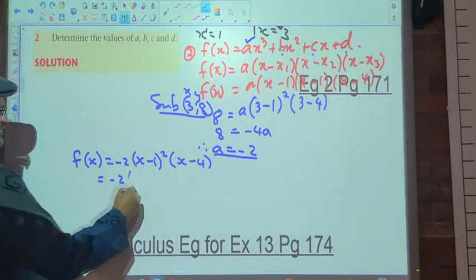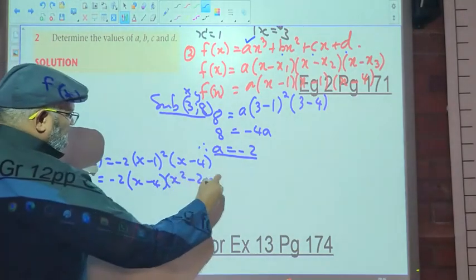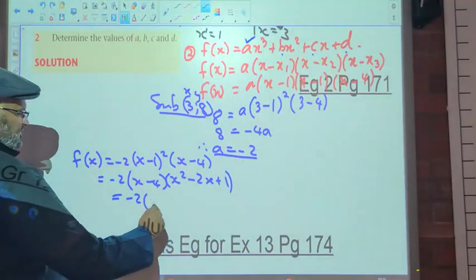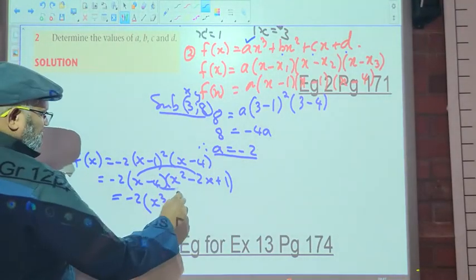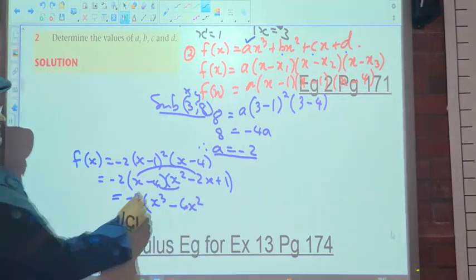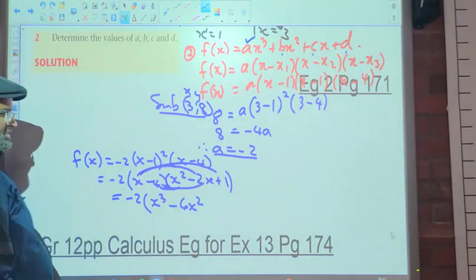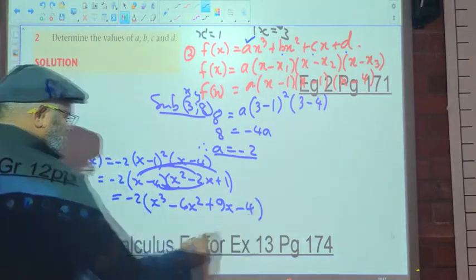Which is going to be negative 2 into (x minus 4) into (x squared minus 2x plus 1). It's negative 2 into (x cubed minus 2x squared minus 4x squared, which is minus 6x squared, plus x plus 8x is 9x, minus 4).